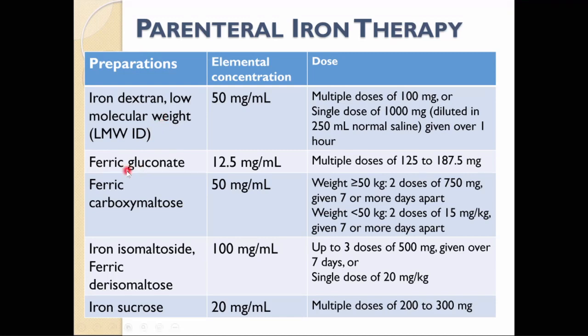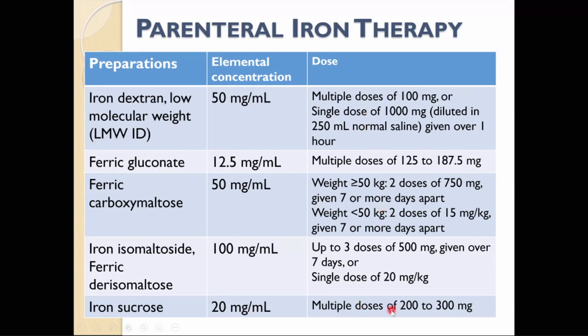And we have ferric gluconate, ferric carboxymaltose, then iron isomaltoside and iron sucrose. The elemental iron concentration differs between the different preparations, and the dose and dosing frequency are also different.